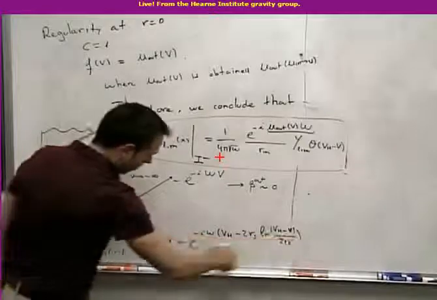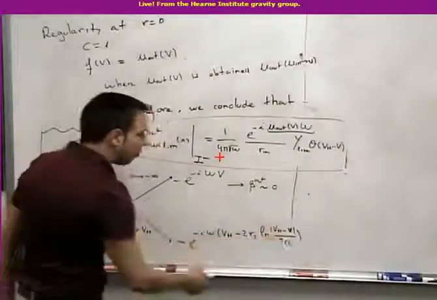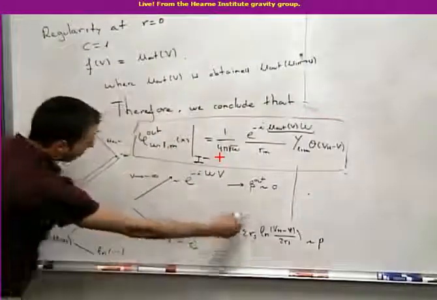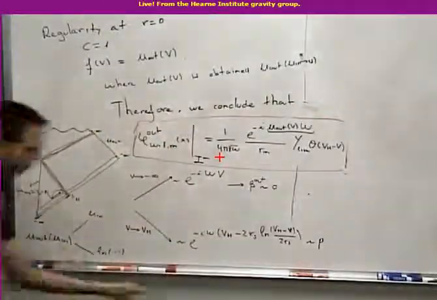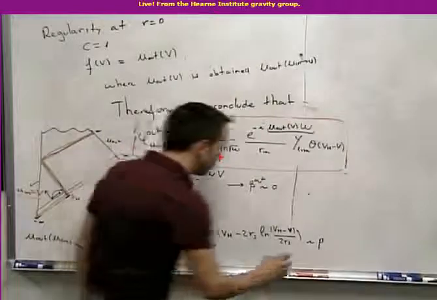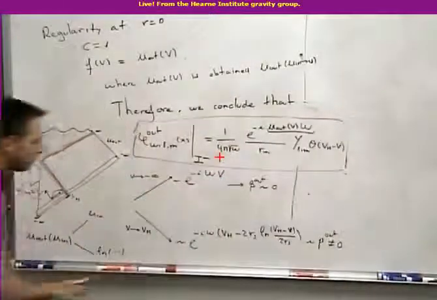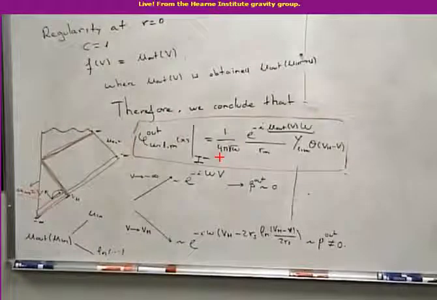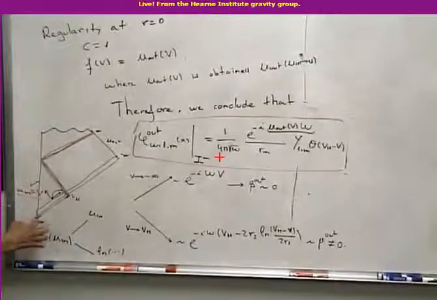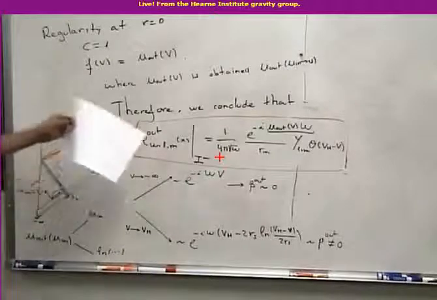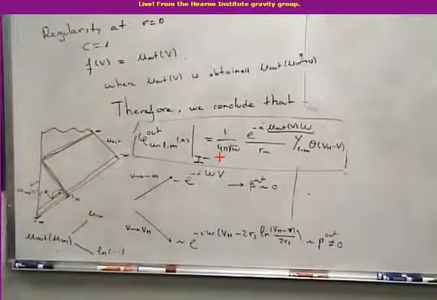But this is not going to be true for this other guy. For this one, we can expect a combination of negative and positive frequency with respect to the time v. So this is going to be different. As Rina was pointing out, modes which have support at v minus infinity evolve very far from the black hole, so the star is here, the black hole is there, and they don't care.